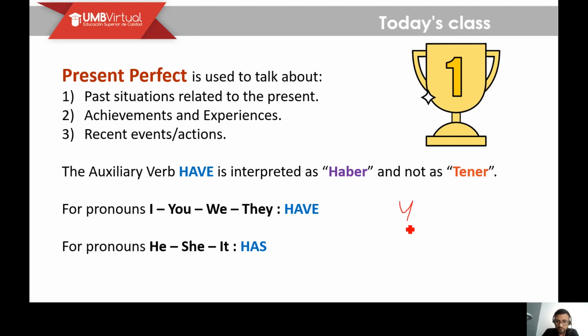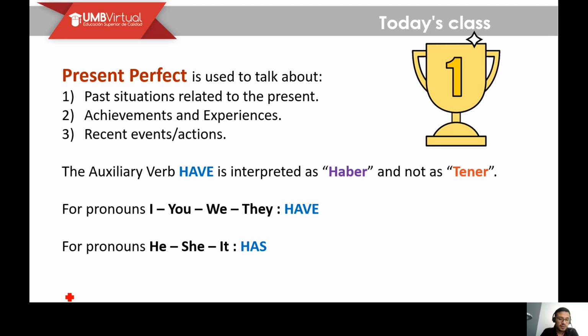We have yo he comido. Yo he comido. Este es el verbo haber y es un auxiliar en el español. ¿Listo? Eso es lo mismo que decir I have eaten. Listo. Recuerden, we need conjugation for the third person has. He, she, or it.